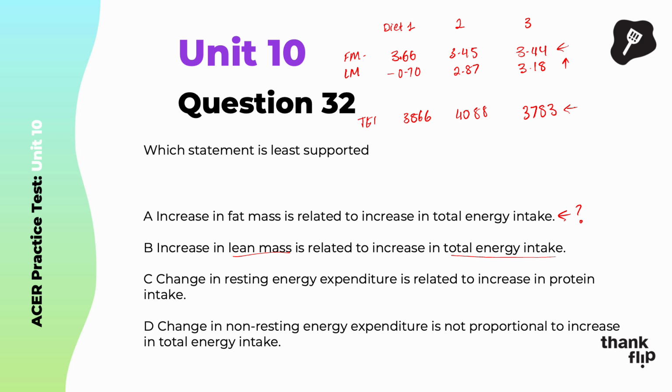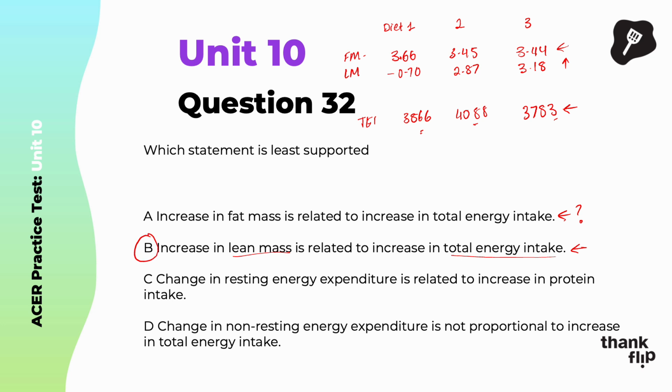However, when you look at your total energy intake, that trend is not reflected from diet 1 to diet 3. It's fairly constant, right? And even if it wasn't constant and you were counting these little changes, it's definitely not increasing linearly. And so we can say this is not very well supported by the table. So this is quite a good contender, but let's keep going.